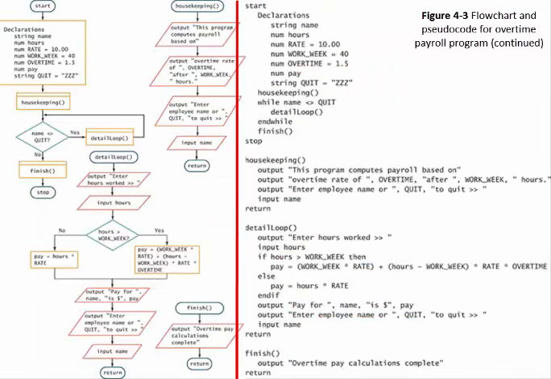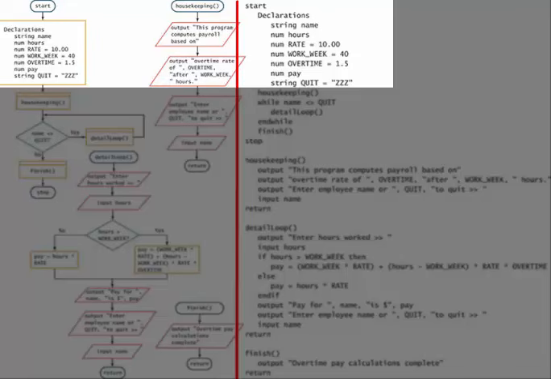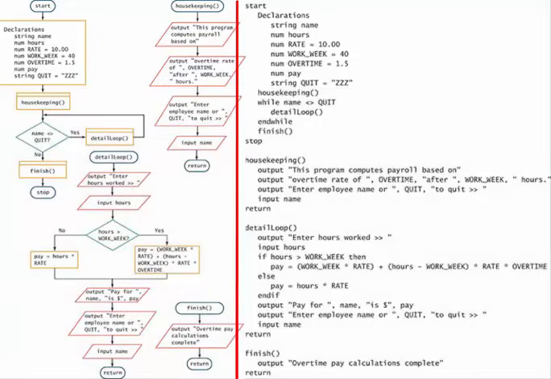Alright, let's compare our pseudocode with our flowcharts. If you have a look at the pseudocode, the declarations is the same as the declarations in the declaration square of our flowchart. If you have a look at housekeeping module, it calls on the housekeeping module, same in the pseudocode as it does in the flowchart without flowchart symbols.